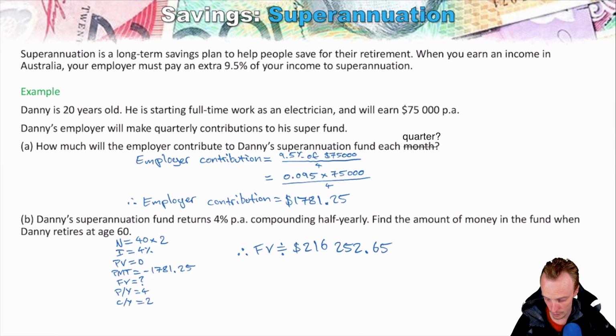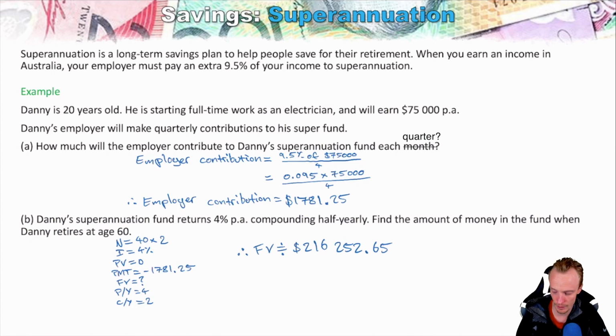So that's what the future value of our account is approximately going to be. You can see here that it's not necessarily a huge sum of money if you think about 40 years' worth of inflation and think about how long you might need to live off of this in the future.